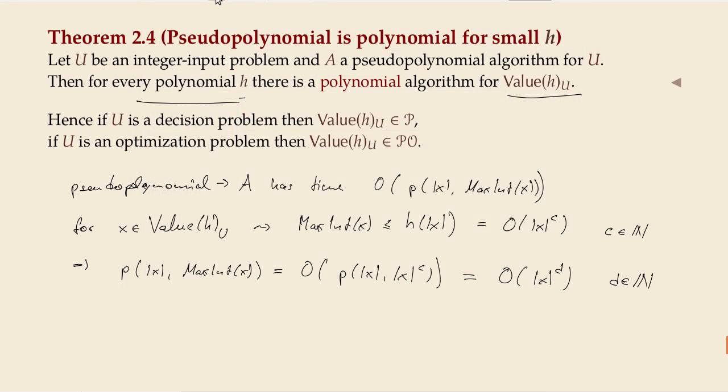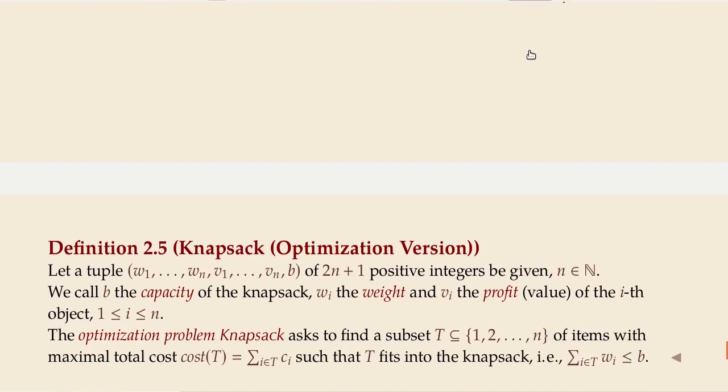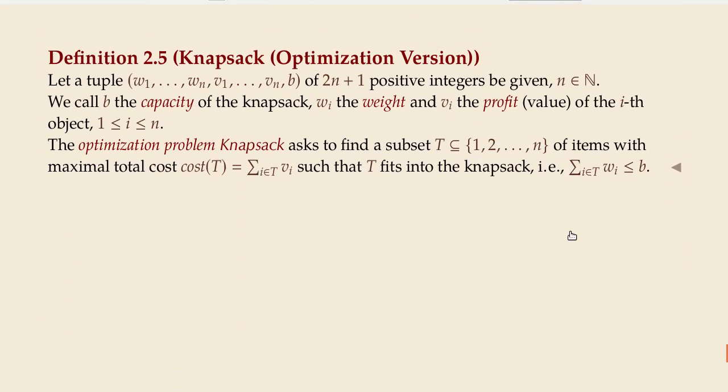Now let's see this in action on a real problem, considering the knapsack problem. We've already seen the decision version, but here is the optimization version once more in case you don't remember. We have a collection of n items given by their weights, that's how much they contribute to the weight of the knapsack, which is bounded by b, and they also have a value, which is what we want to maximize.